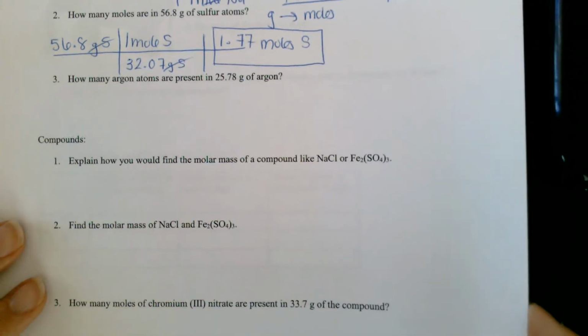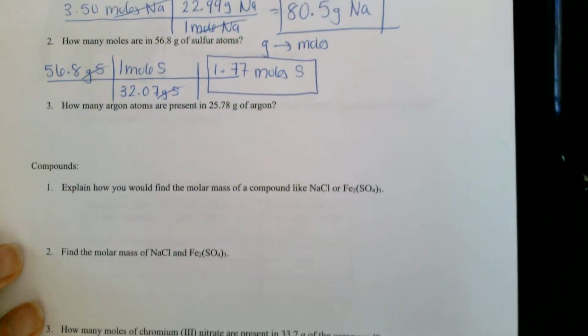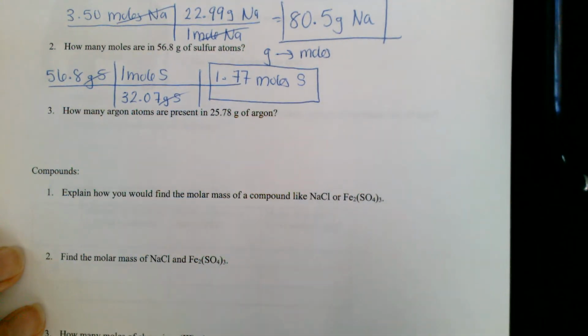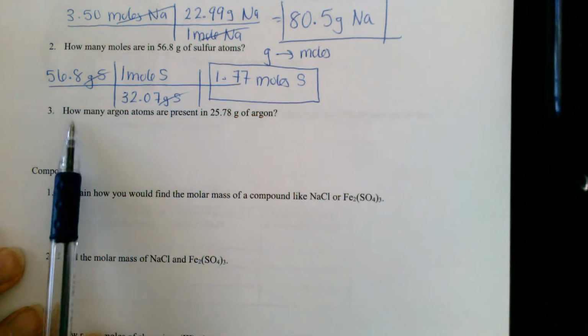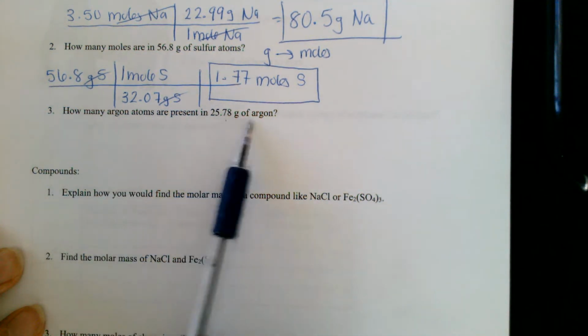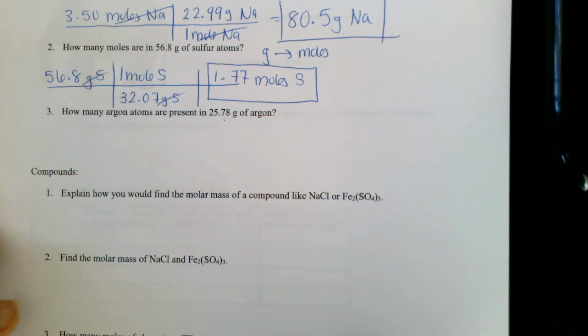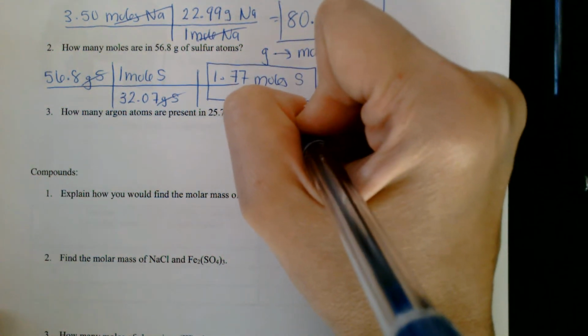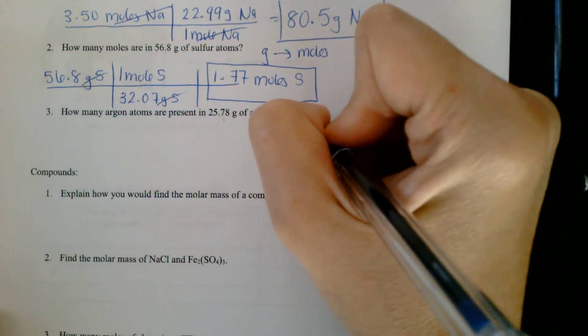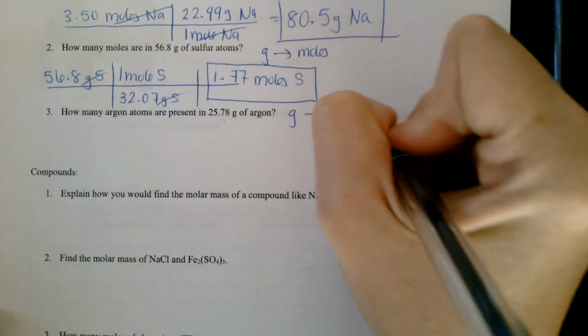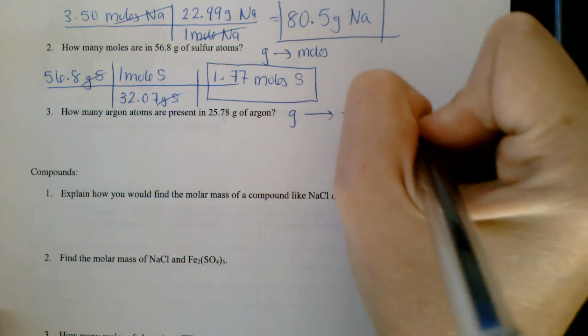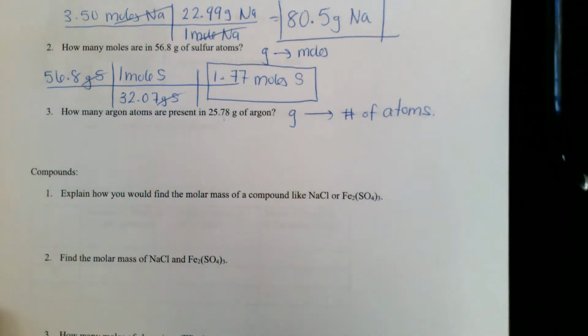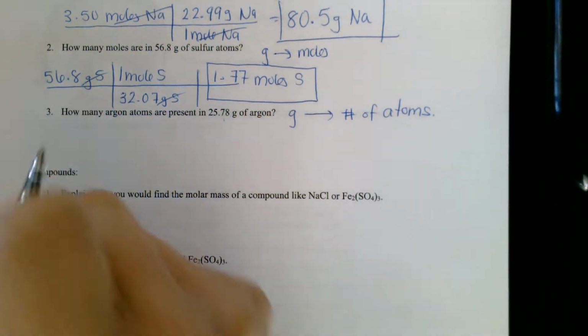Okay, so the last one in our practice section: how many argon atoms are present in 25.78 grams of argon? So how many argon atoms in this particular mass of argon? Now we're being asked to go from mass to number of atoms, so we'll probably do this in 2 steps.